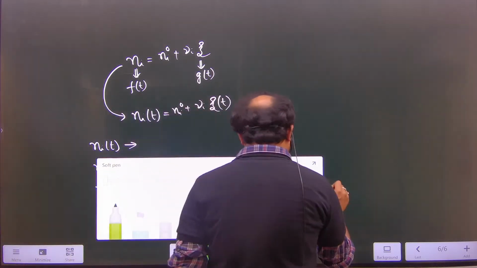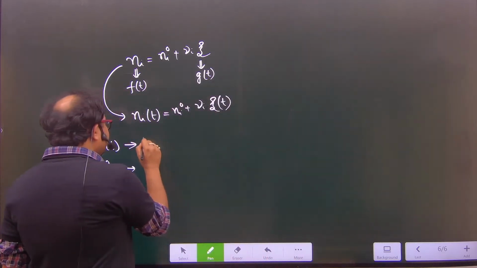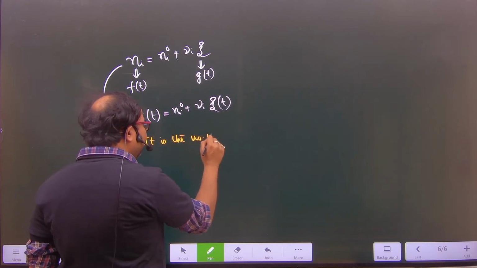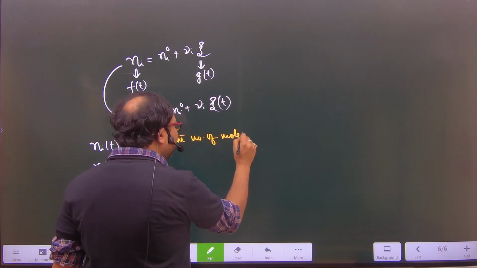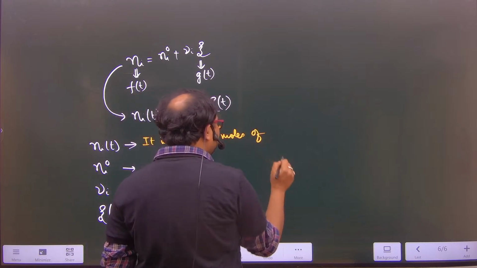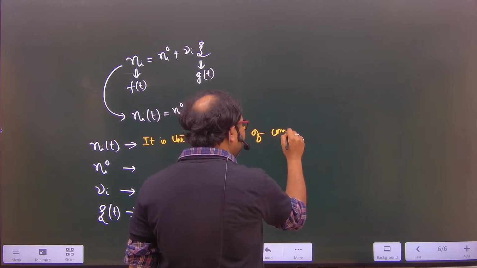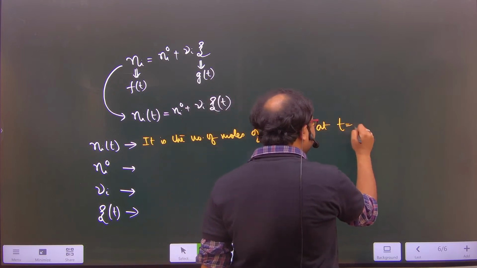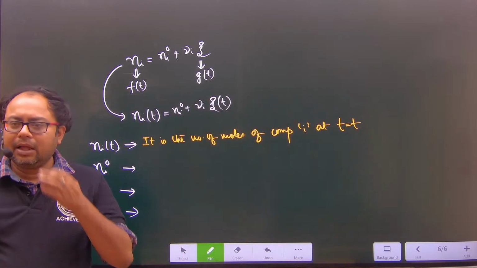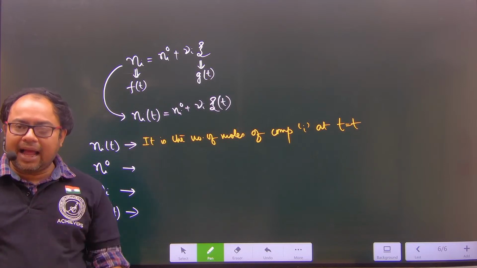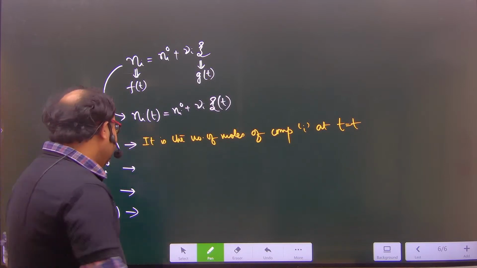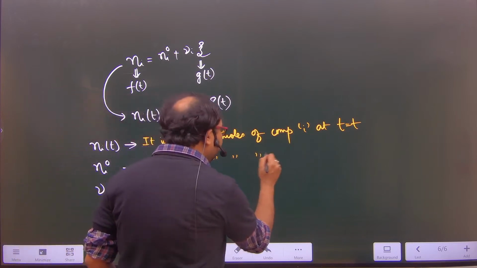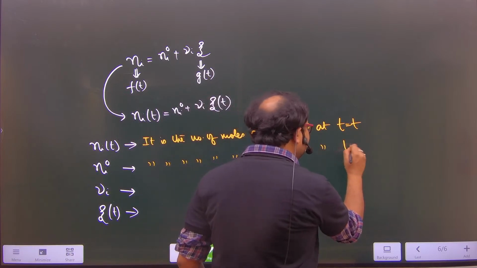Basically, Ni(t) is the number of moles of component i at time t, at t equal to t. Ni0 is the number of moles of component i at t equal to 0.